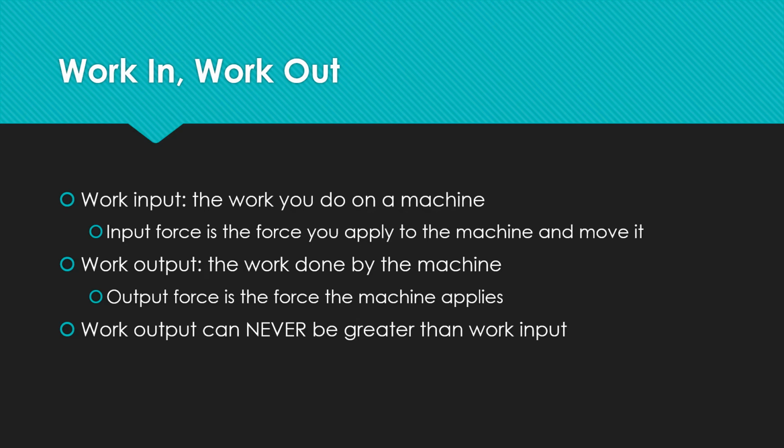It can be transformed into different types, but you're not able to get more energy out of a machine and more work out of a machine than you put in. So if you were to put in 100 joules of work, you could, if it was a perfect machine, get out 100 joules of work, but you can't magically make more work than what you put in. So output is never greater than input.